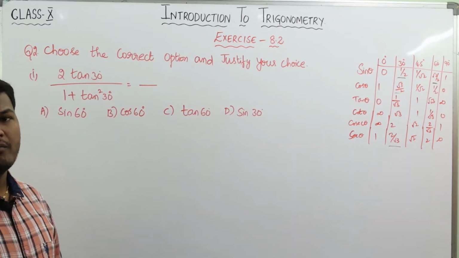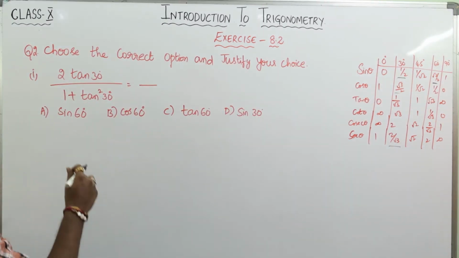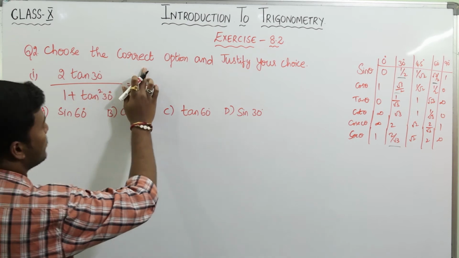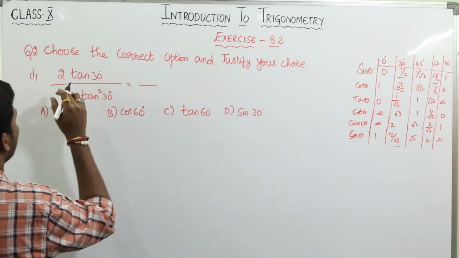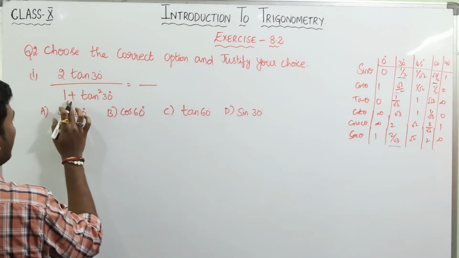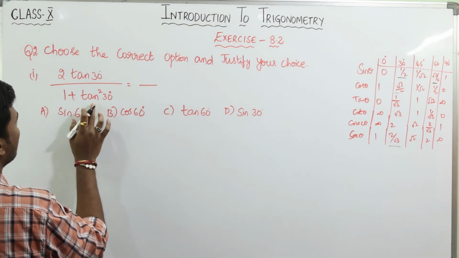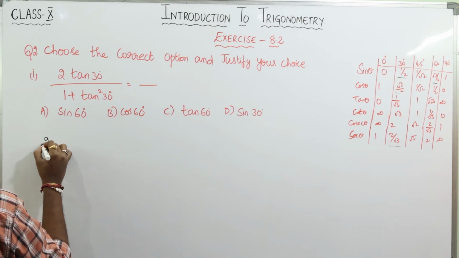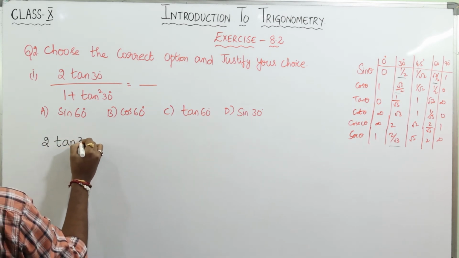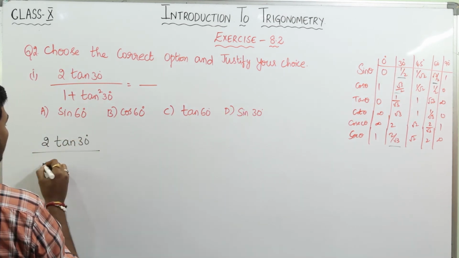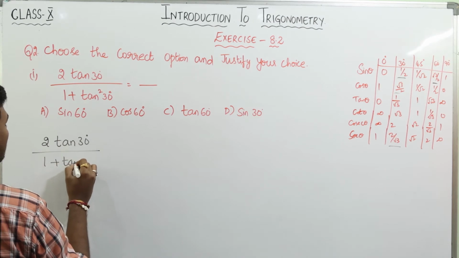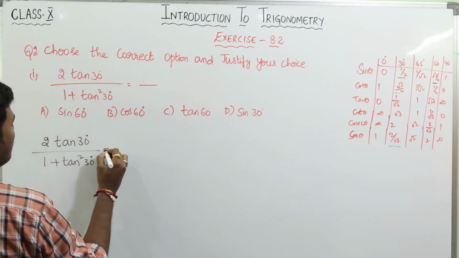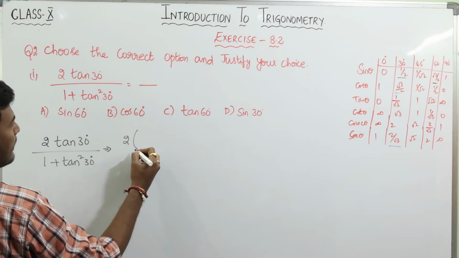Now the second problem of this exercise, that is, choose the correct option and justify your answer. What is the question? 2 tan 30 by 1 plus tan square 30. So we have to solve this and check which one is satisfying that. So first let us consider the question, that is 2 tan 30 divided by 1 plus tan square 30. Okay, so 2 into what is the tan 30 value?